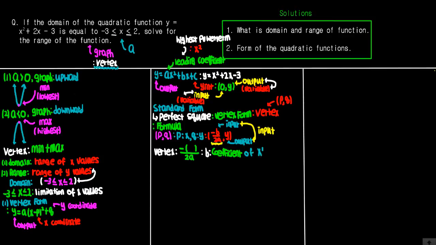This is what b will look like. And the second case, what is a? As we can see through the standard form, a is a leading coefficient. And the leading coefficient and the coefficient are different because of the term leading.